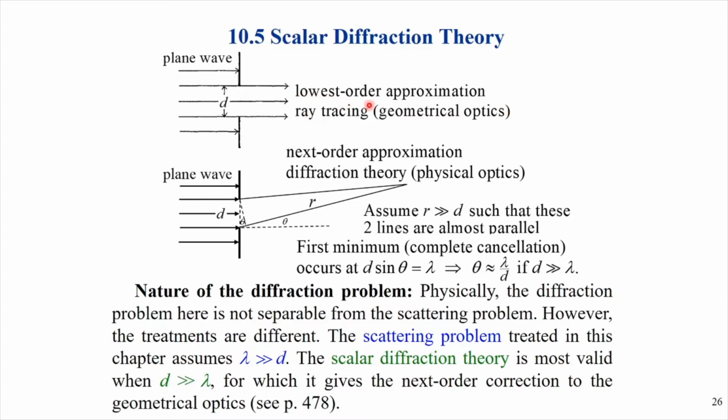However, the edge will have some effect. When the wave hits this screen, nothing happens. But when the wave hits the edge, that will result in some kind of effect. That's diffraction theory.